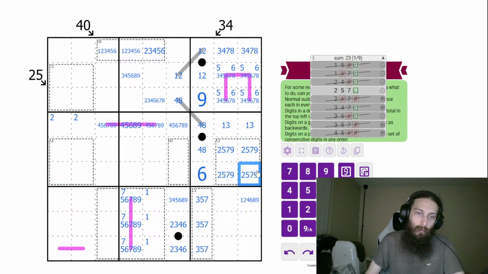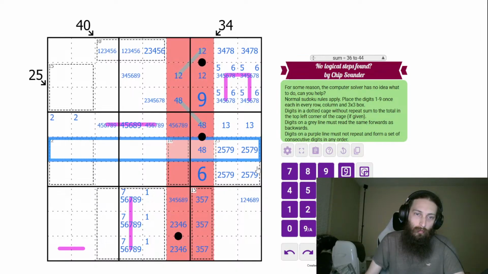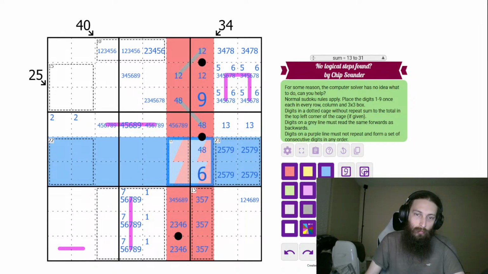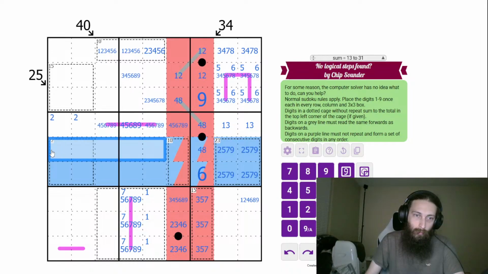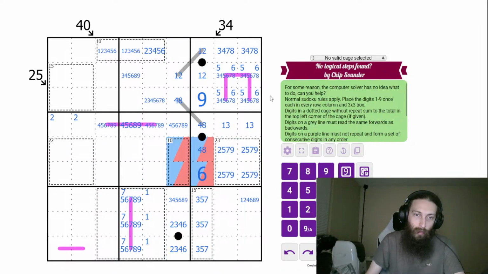Wait, are we saying the set theory is this and this, and since removing this keeps the set the same, removing this keeps the set the same as well?